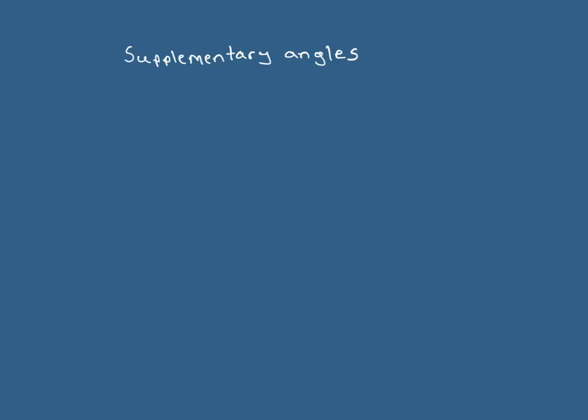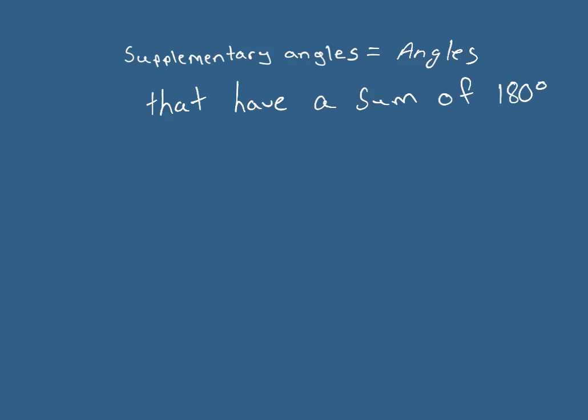The other type of angles that we're going to talk about are supplementary angles. And supplementary angles are angles that have a sum of 180 degrees. And so you might have two angles, one that is, let's say, 135, like the example in your book, and 45.